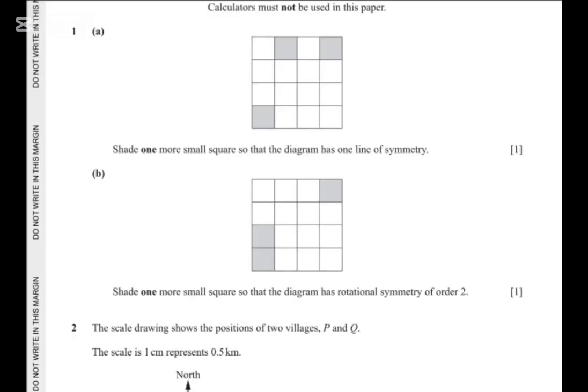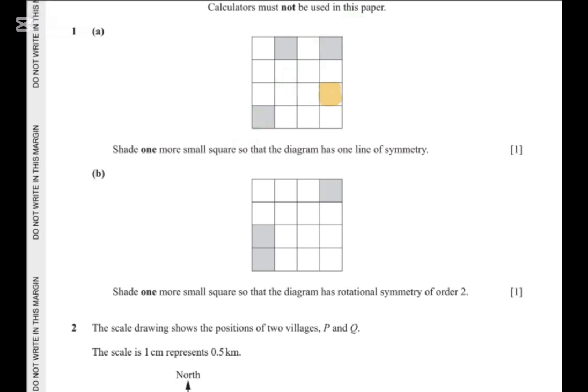Question number 1, question 1a. There is a diagram given here. Shade one more small square so that the diagram has one line of symmetry. So we need to shade any one box, and it should have only one line of symmetry. If I shade this box, I will have the line of symmetry in this way.